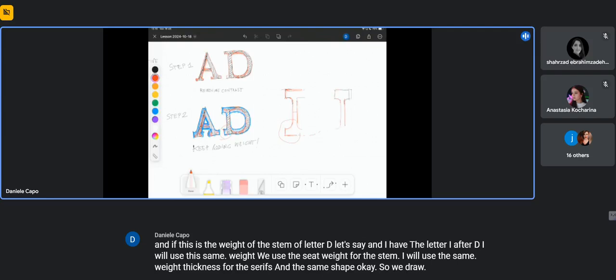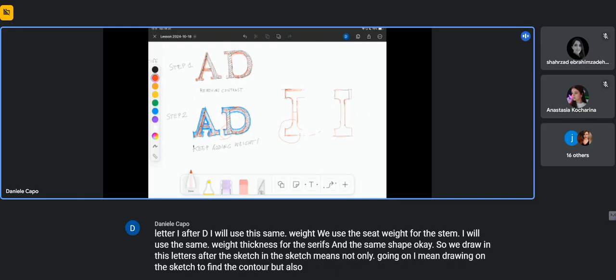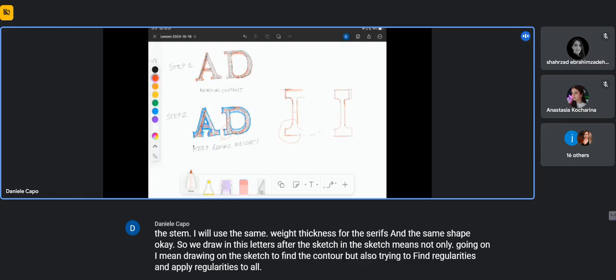So redrawing these letters after the sketch means not only drawing on the sketch to find the contour, but also trying to find regularities and apply them to all the letters so that every letter has the same stem.